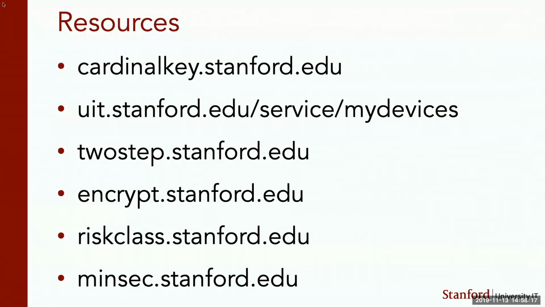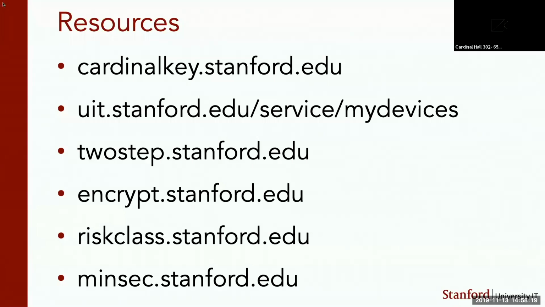But again, I should mention one more thing, and this is a very common discussion: let's think about the threat model that we're focused on here. The threat model is not the physical theft of one of these devices and someone using it.